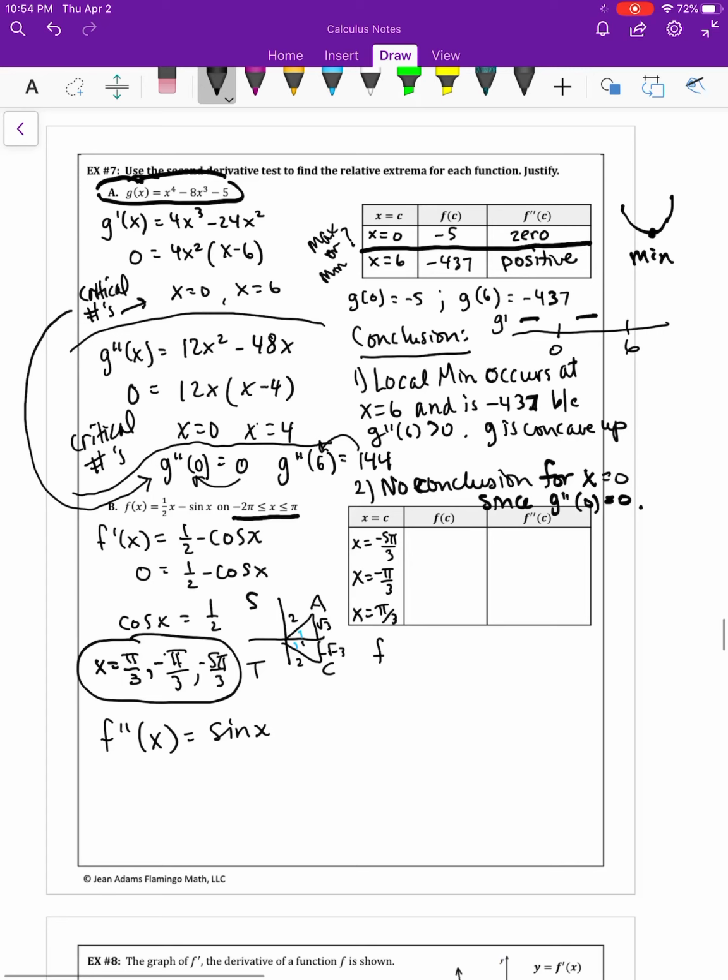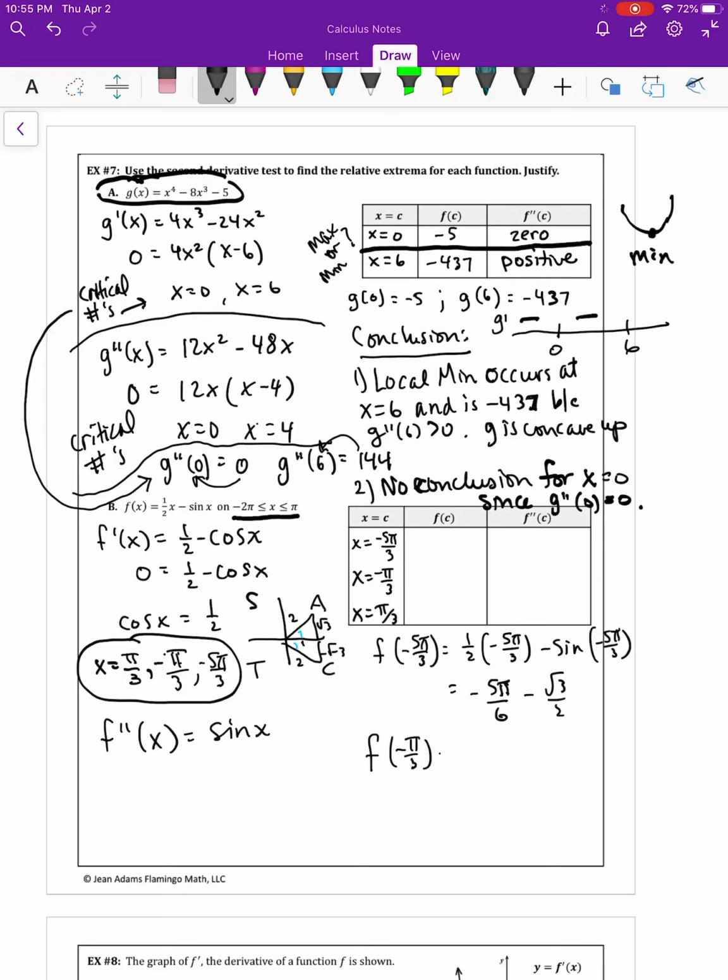So now, our f of negative 5 pi over 3, we've got 1/2 times negative 5 pi over 3 minus the sine of negative 5 pi over 3. And so this one is going to be negative 5 pi over 6, and this one is going to be minus square root of 3 over 2.